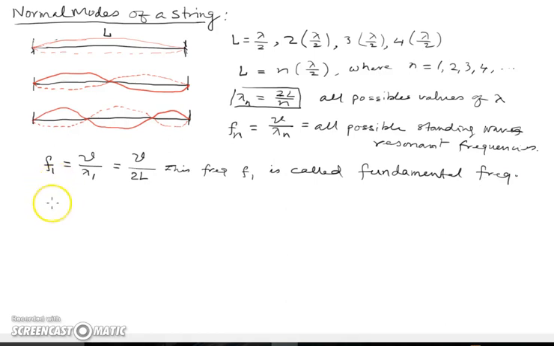Okay, or if we use again Fn is equal to V over lambda n, and lambda n is 2L over n, right? So V over 2L over n, or n V over 2L, and we know V over 2L was my fundamental frequency, so I can write n F1, right? where n is equal to 1, 2, 3, just like before, right?